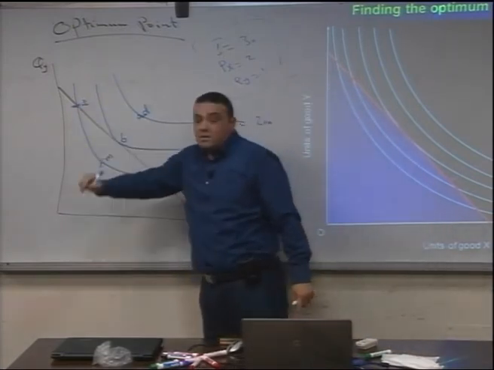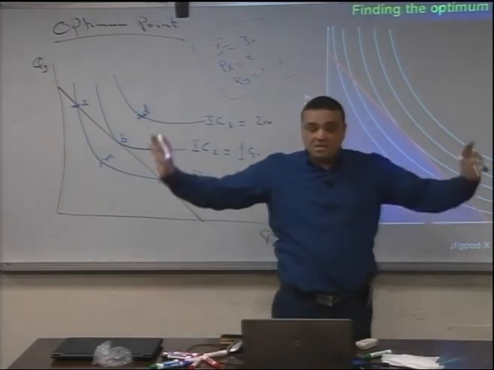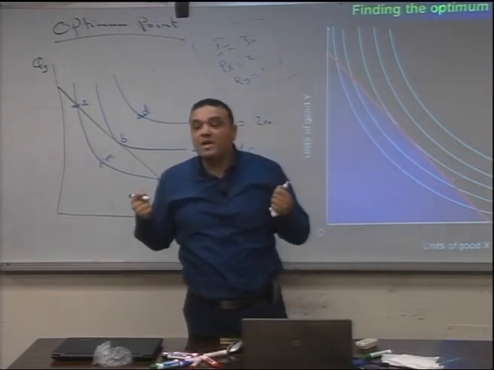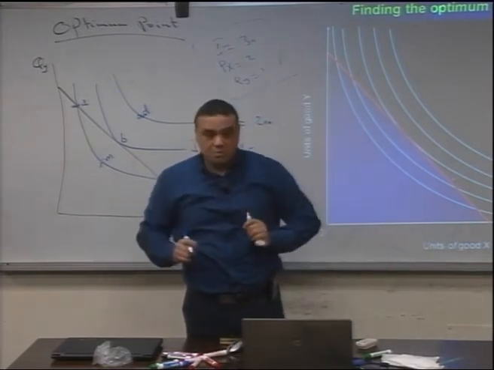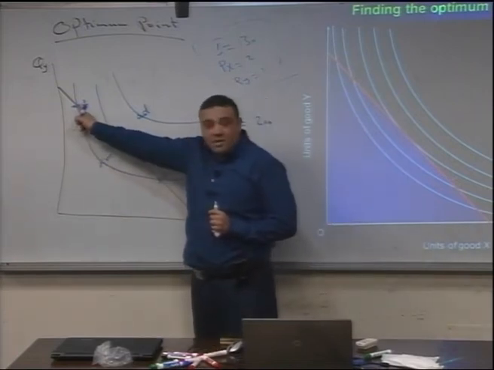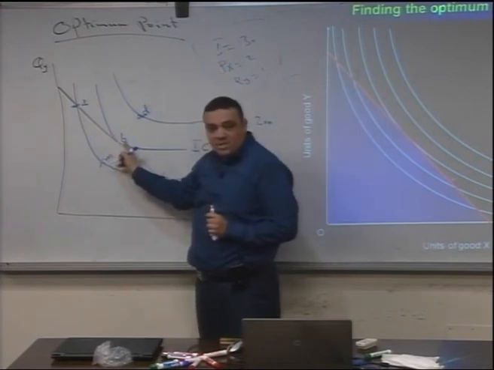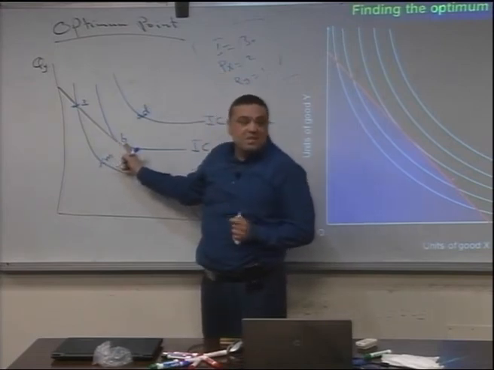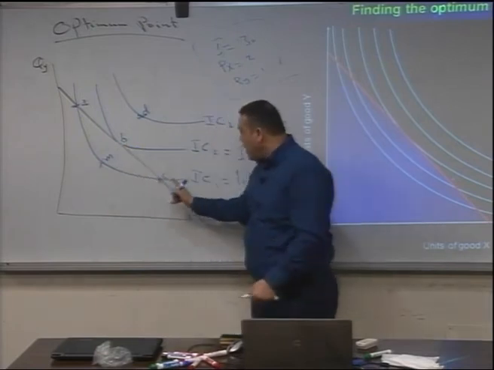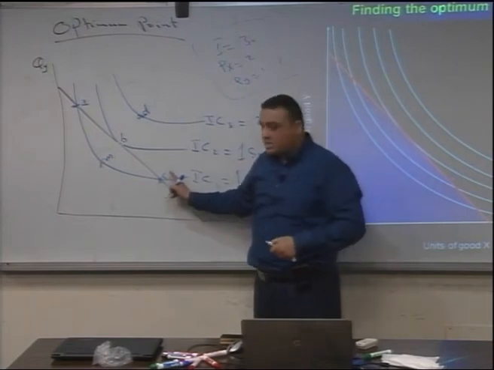At point A, how much is the consumer spending? 30, because according to our assumption the consumer spends all of his income to buy two products, X and Y. At point A, he spends $30. At point B, because it lies along the same budget line, this means that he spends also 30. At point C, he also spends 30.